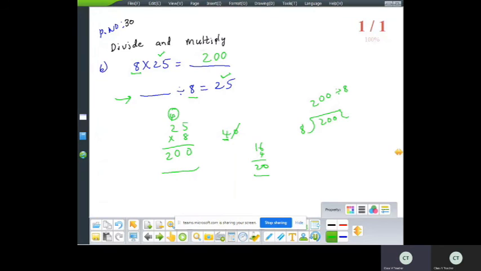In the 8 table there is no 2. You take the continuous number 20. 8 ones are 8, 8 twos are 16, 8 threes are 24. 24 is greater than 20. Take an equal value or a lesser value. 8 twos are 16. 20 minus 16, 4. The final digit will come down. 40, 8 5s are 40, so the remainder is 0.